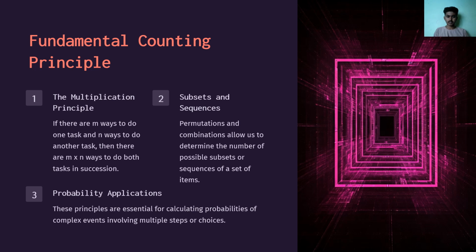In subsets and sequences, permutations and combinations allow us to determine the number of possible subsets or sequences of a set of items. Third one, probability applications. These principles are essential for calculating probabilities of complex events involving multiple steps or choices.